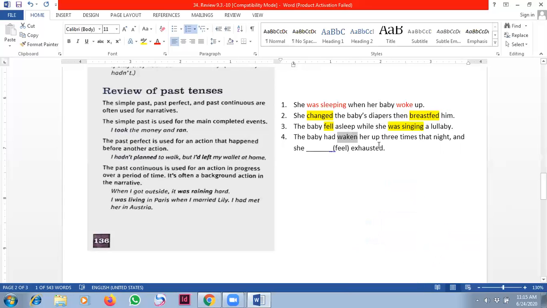Awaken, yes, all right. The baby had wakened her up 3 times that night, and she felt exhausted. Not "felled" with double L, but felt. Okay, please try to feel the difference, and you can do the exercise here later on.